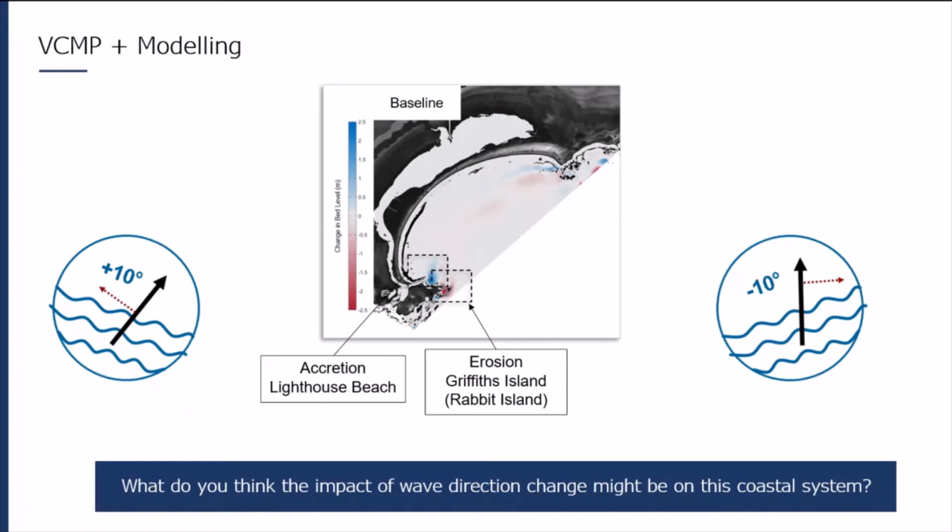And I'd like you to discuss what you think the impact of wave direction change might be on this coastal system. Use what you already know about the baseline results that are being shown on the screen currently. Okay, I'm going to start the 5-minute timer now.